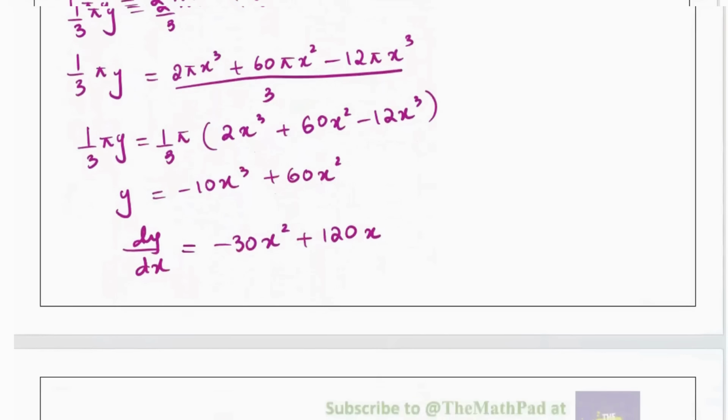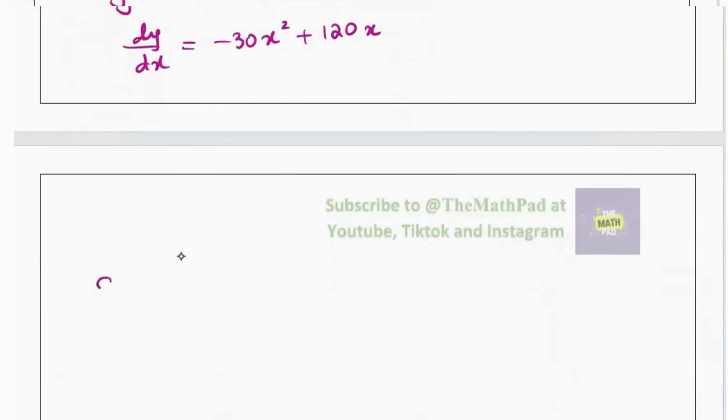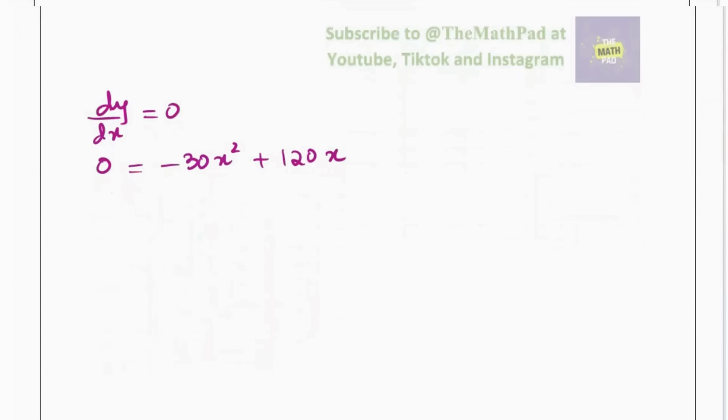So to find the maximum value of y, we put dy by dx equal to 0. So 0 equals negative 30x squared plus 120x. We take 30x common, so negative x plus 4 comes in the bracket. So one value of x is 0 and the other value of x is 4.